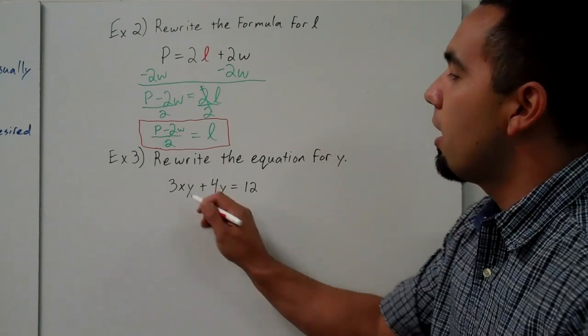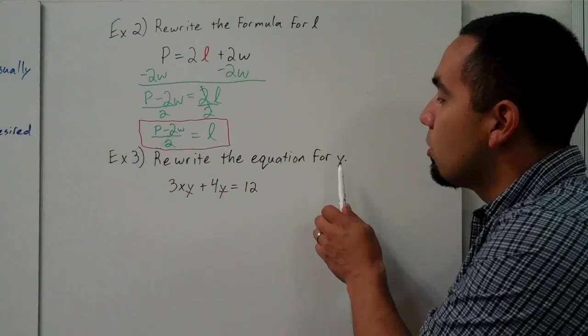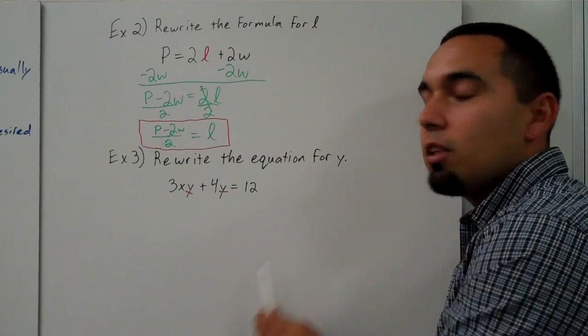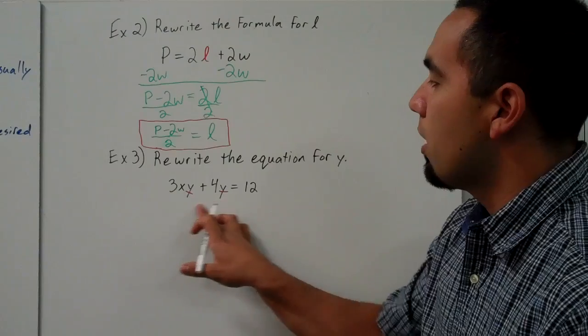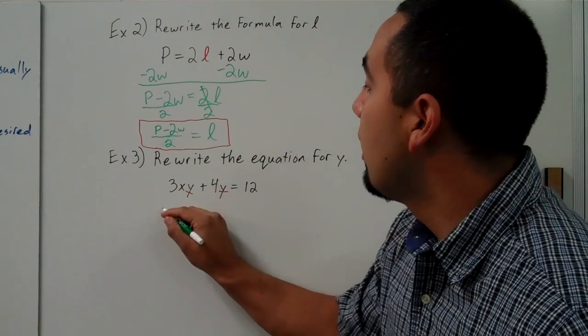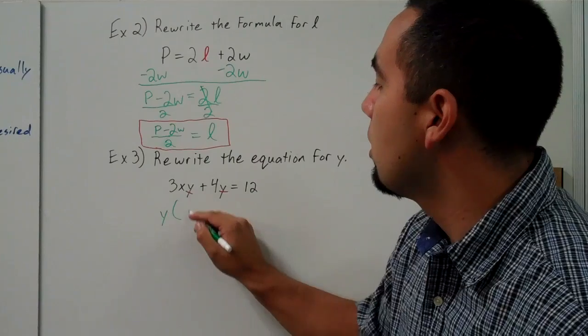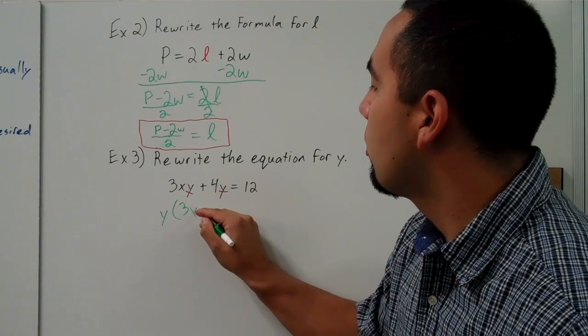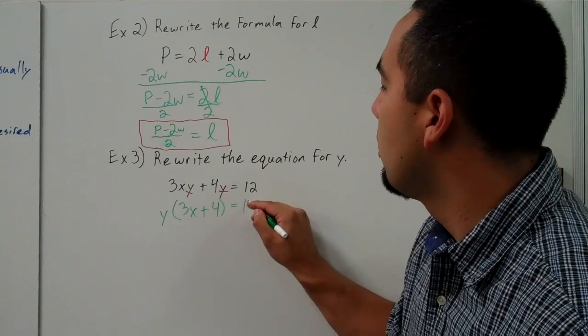What I see is that I have a y here and a y here. Since this is what I want to get by itself, it'd be a lot easier to take out the y from this side of the equation, since it's in both terms, and make it y times (3x plus 4).